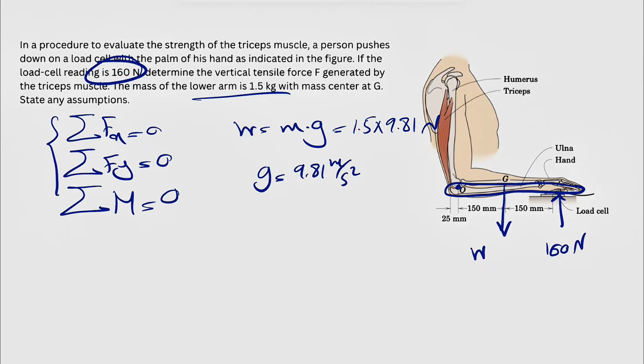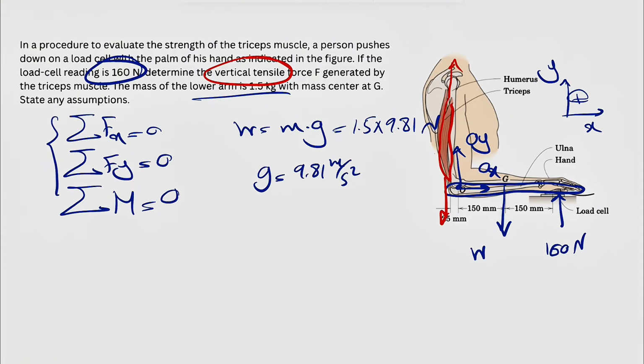At point O, we have some sort of a pin, which means we have two components, one vertical component and one horizontal. We can just call them Ox and Oy in here. But keep in mind that what we are interested in here is the force that is applied to the triceps. The question is saying that the triceps is actually in tension, meaning we have these two forces, but that's the force that is applied from the lower arm to the triceps.